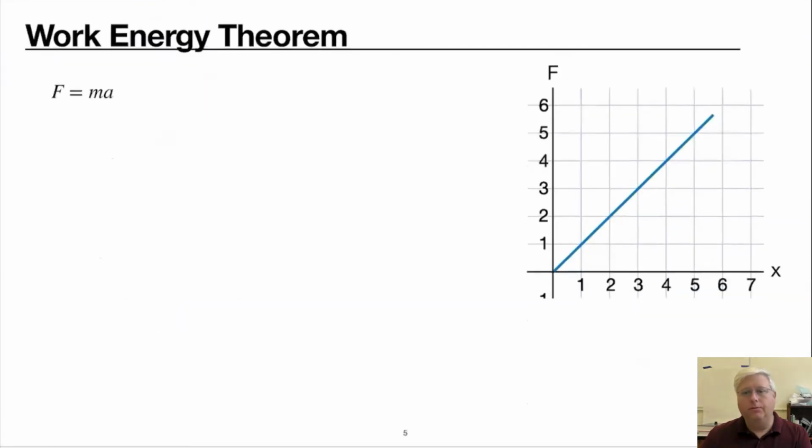So to determine how we can define work as a force over a certain distance, we can do this mathematically by putting Newton's second law, F equals ma, in terms of displacement instead of acceleration.